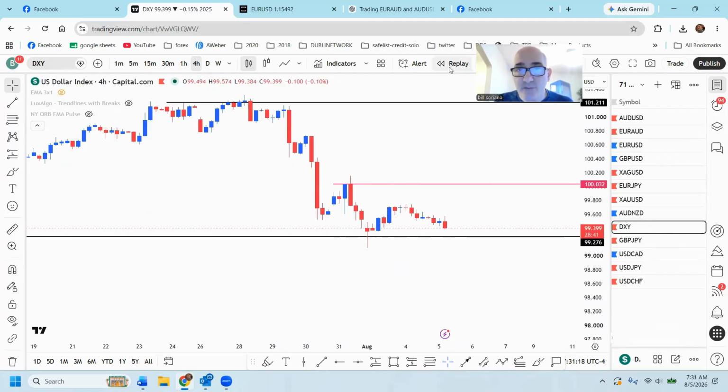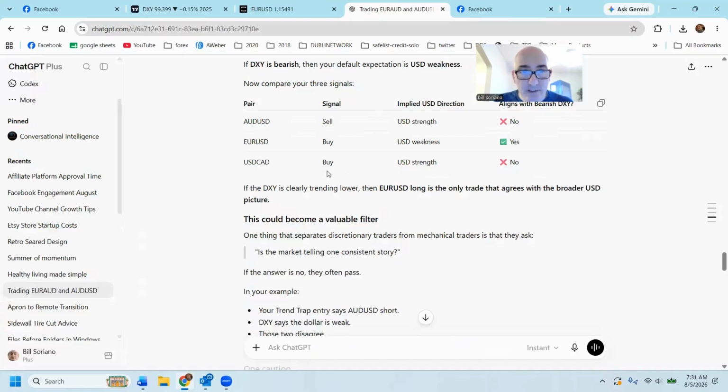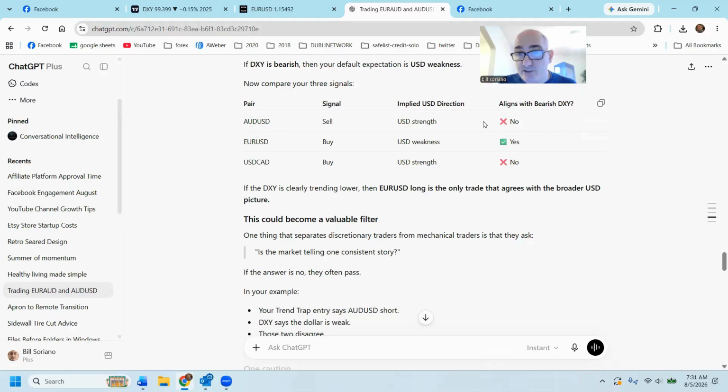So which one of these three pairs confirms that? If you look here, just real quick in ChatGPT, AUD USD sell is showing that the USD is strong, so that's not aligning with the bearish DXY. EUR USD is showing USD weakness, and that does align with the bearish DXY.